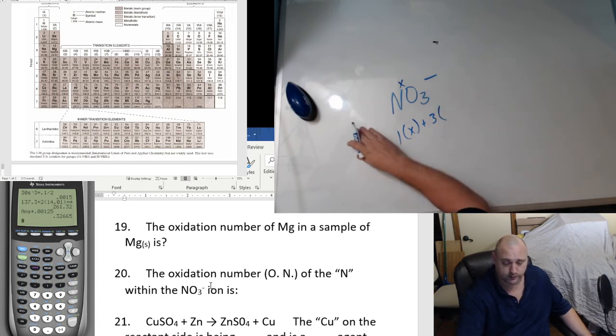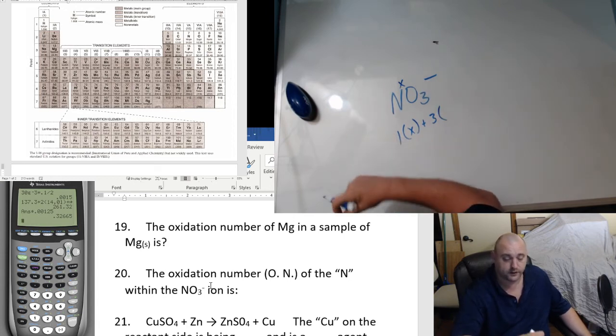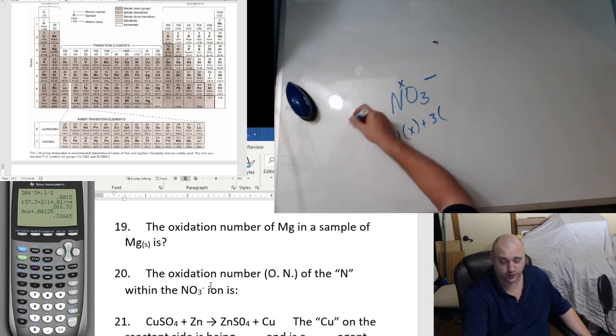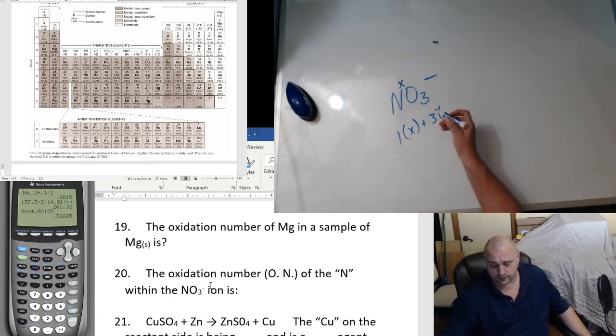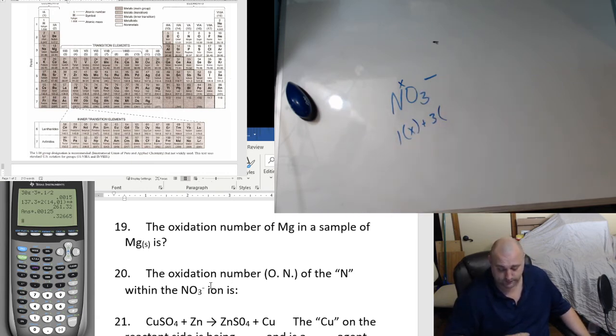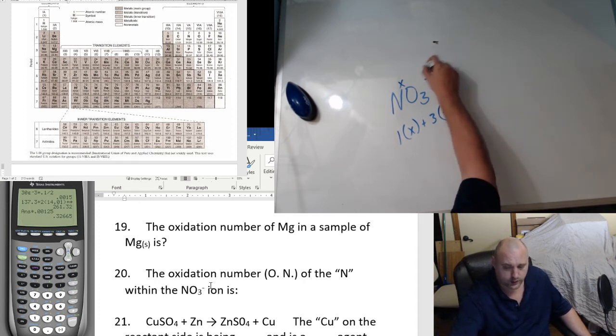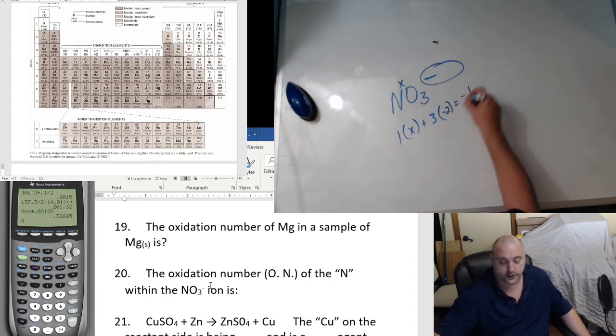If it's a free element, O2, it's 0. If it's peroxide, like H2O2 in hydrogen peroxide, then it's a negative 1. But here, it's going to be a negative 2. And then we do have a charge, so I'm going to set that equal to -1.